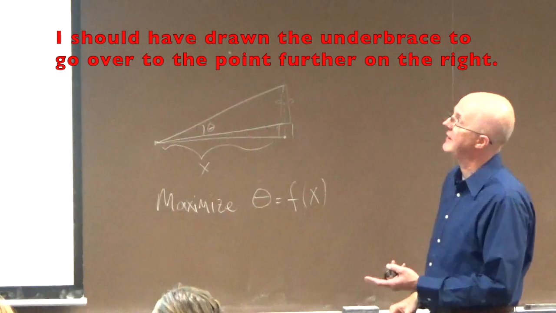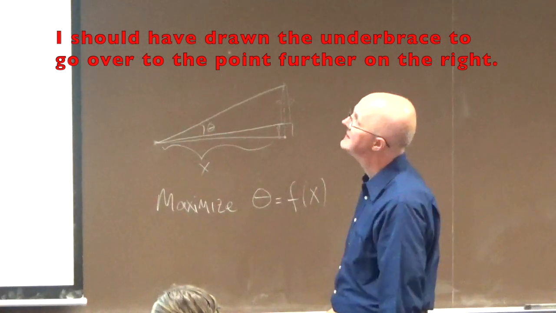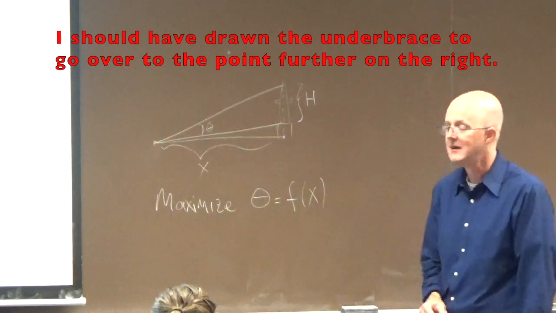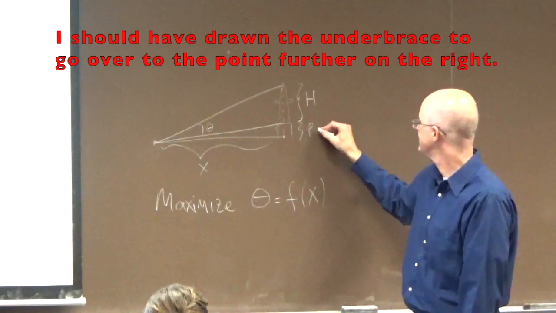In terms of two parameters, h and p. H is the height of the statue, that's this distance right there. P is the height of the pedestal.